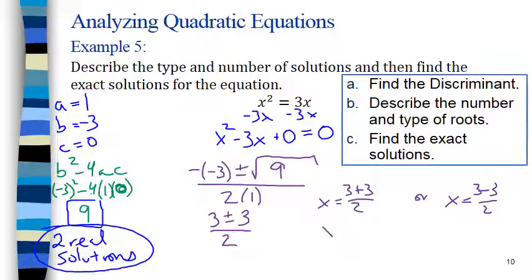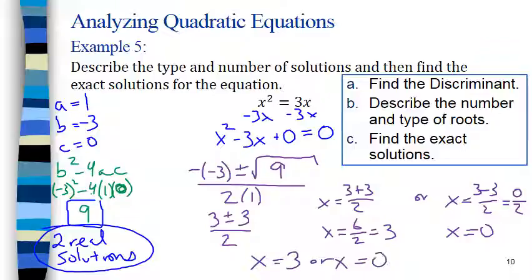So I end up with x equals 6 halves, which is 3, or x equals 0 over 2, which is just 0. So the solutions are x equals 3 or x equals 0. And those are my real solutions.